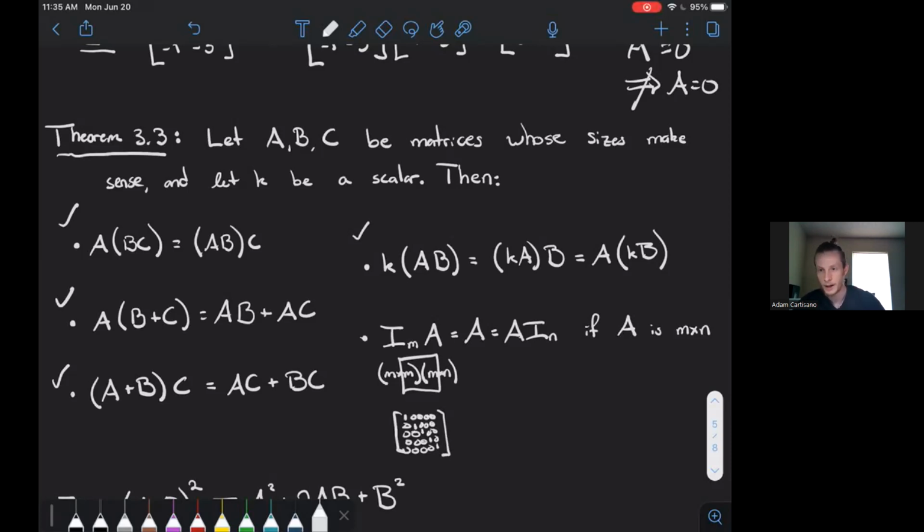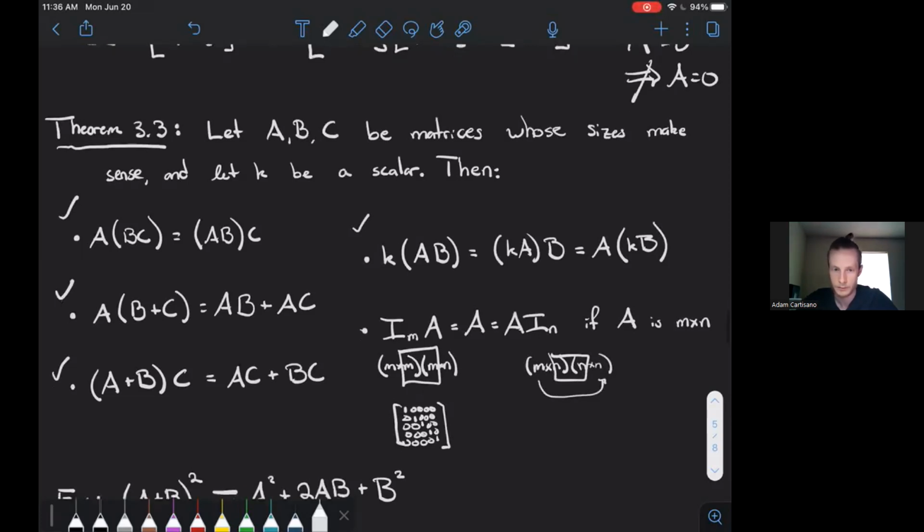If you multiply it by A, it will give you A back. And if you multiply A on the right by the n by n identity matrix, notice again we have m by n times n by n. These match, and the outer numbers make up the dimensions of the resulting matrix, and it's the same size, right?